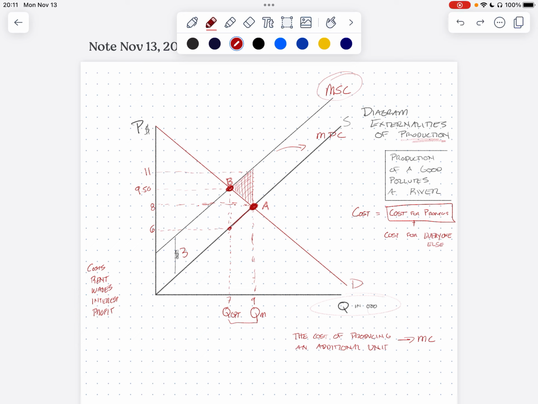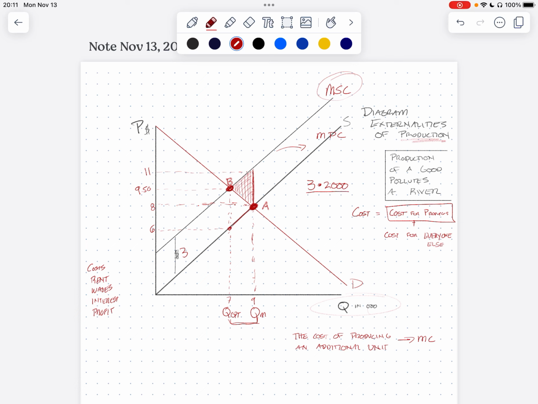Because certainly the increased production of this good or service does have some benefit to society, but it also has this negative effect here, which we can actually calculate because we know the base of the triangle is 3, and we know that the height of the triangle is 2,000.